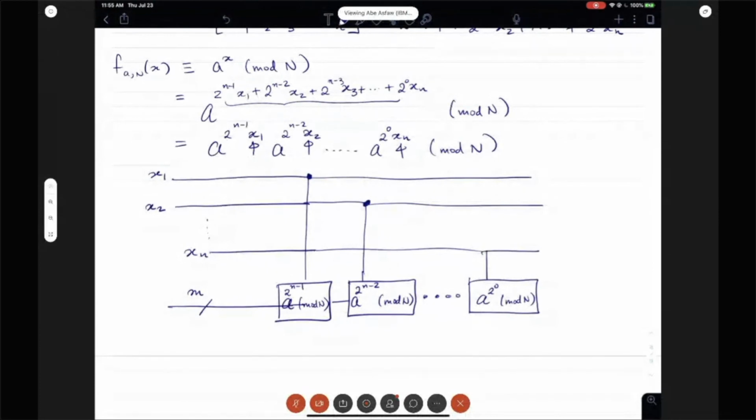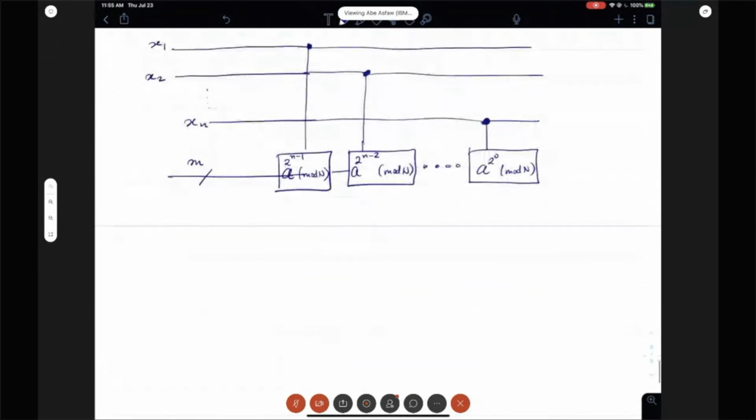And this kind of schematic looks exactly like what you've seen in quantum phase estimation. And so this is why I tell you Shor's algorithm is quantum phase estimation in disguise.